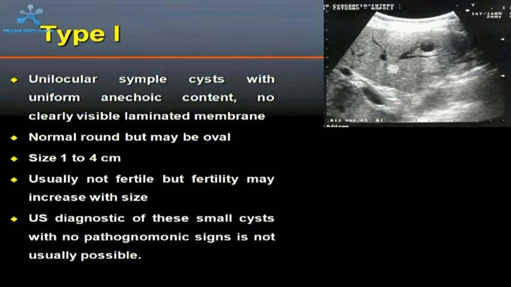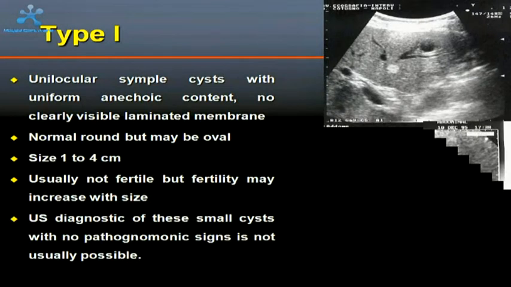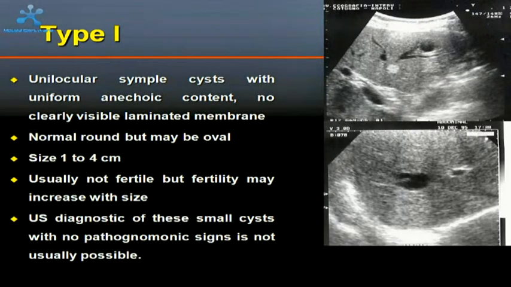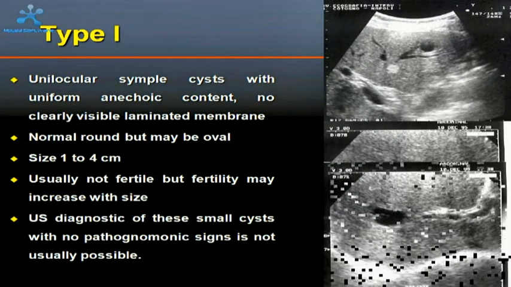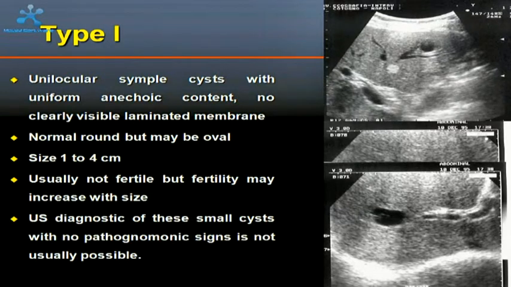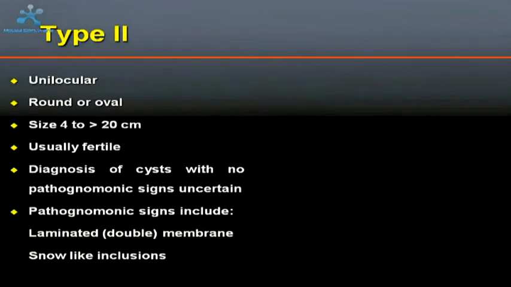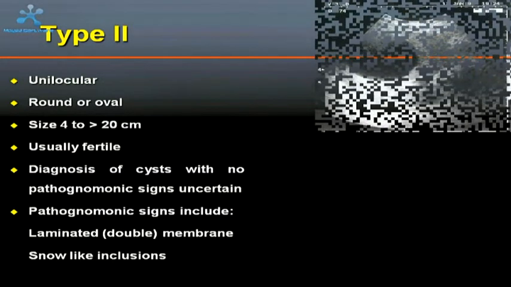It is usually not fertile, but fertility may increase with size, and usually there is no sand, no echogenic material inside. Type 2 is unilocular, round or oval, over 4 centimeters and sometimes over 15 and 20 centimeters.